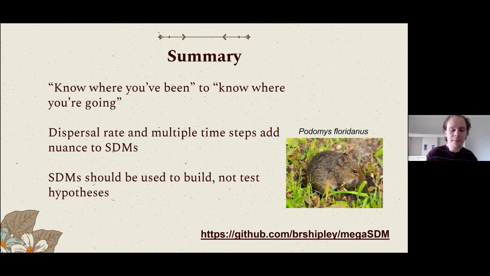But it is important to know that species distribution models in general and MegaSDM in particular should be used to build hypotheses about how species shift their ranges, not test these hypotheses, and that they should always be validated by the paleontological record and other methods to see how well they might hold up.